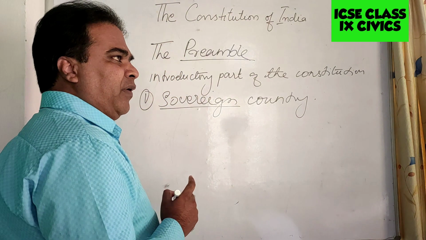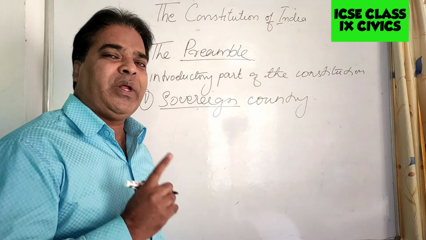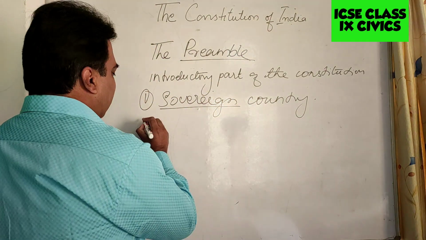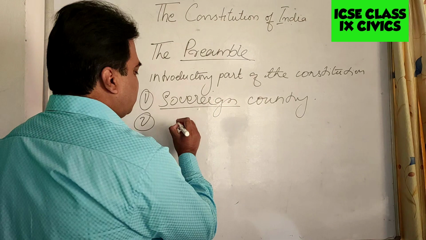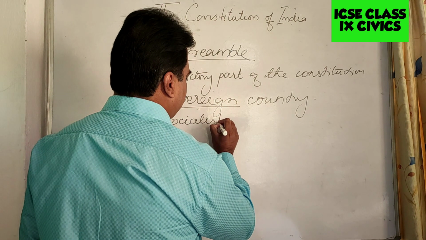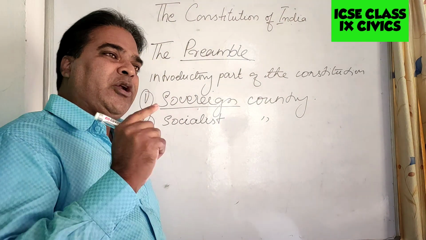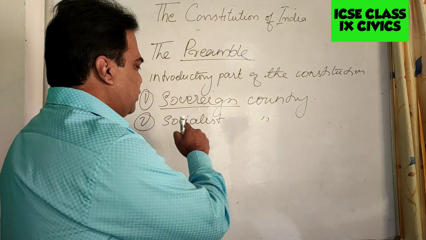So we, the people of India, solemnly resolved to constitute India into a sovereign country. Number two, socialist country. But when this constitution was adopted for the first time, my dear, this word socialist was not there.